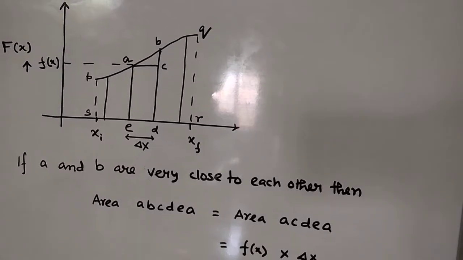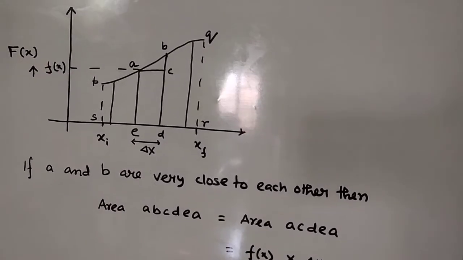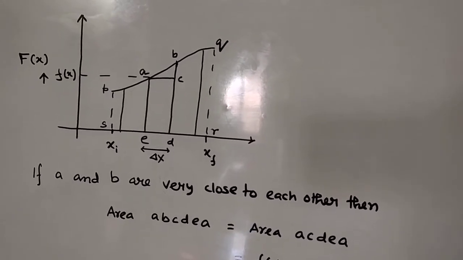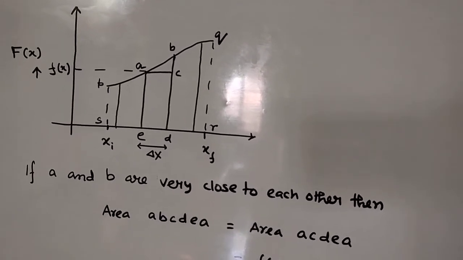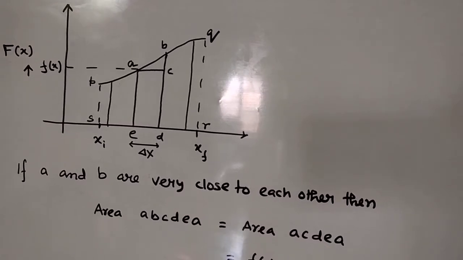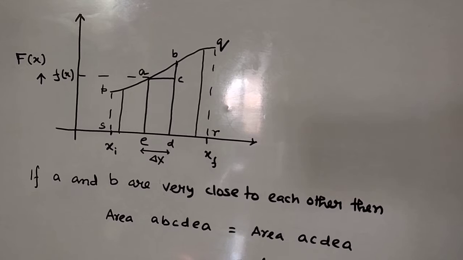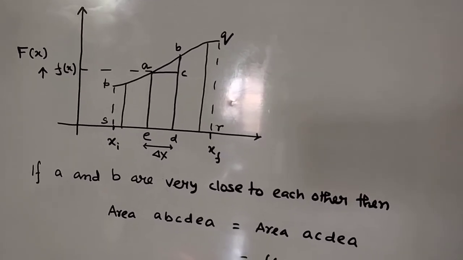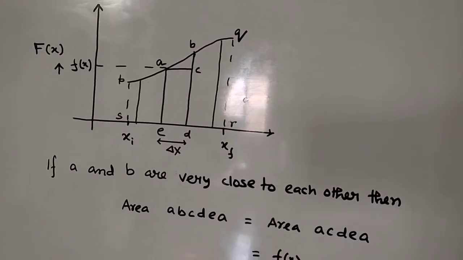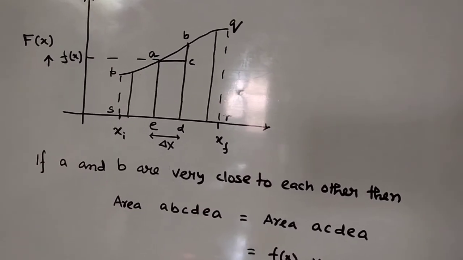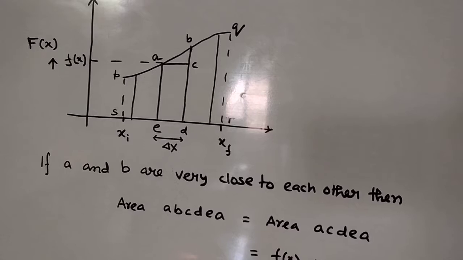Now the area is a rectangle. AC corresponds to your force, defined by small f as a function of x, which gives you the height of the rectangle, and ED, that is your delta x, gives you the breadth or width of the rectangle.